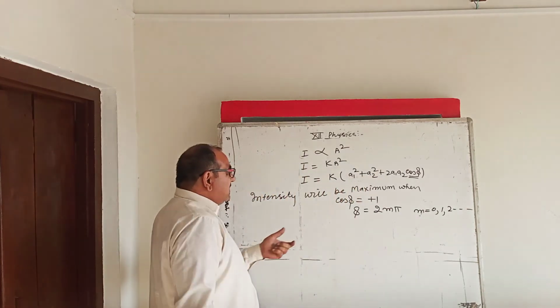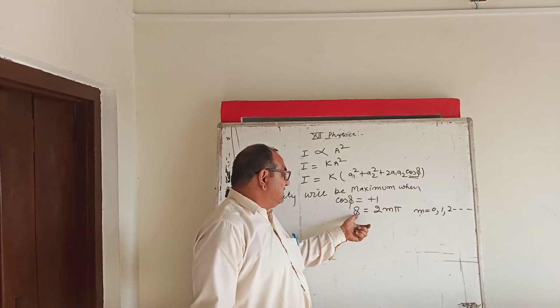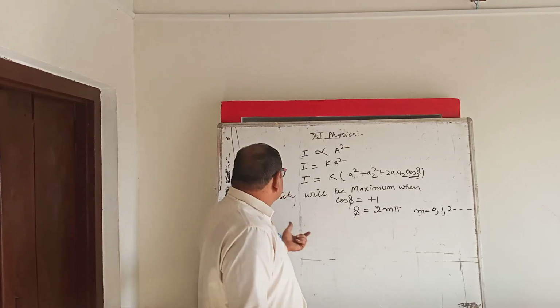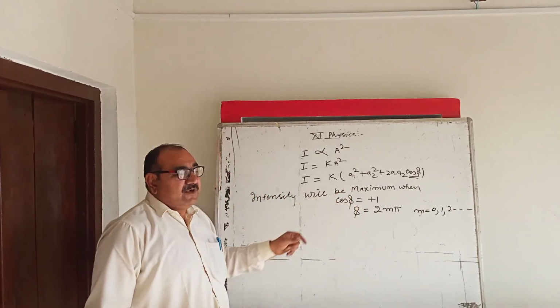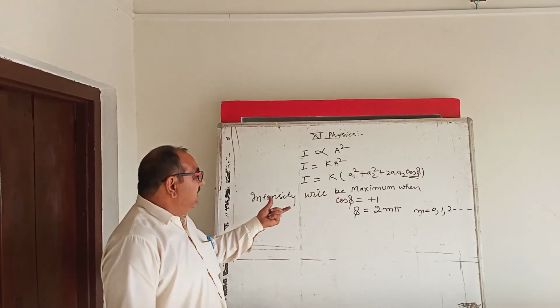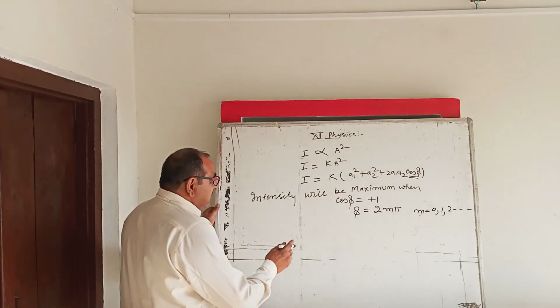So, where the phase difference phi is 2m pi, the intensity will be maximum, and we say that interference is constructive.